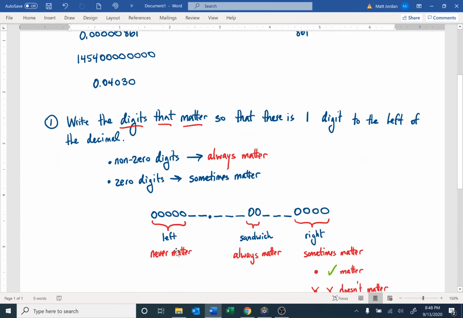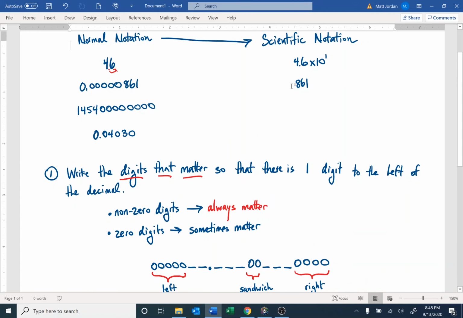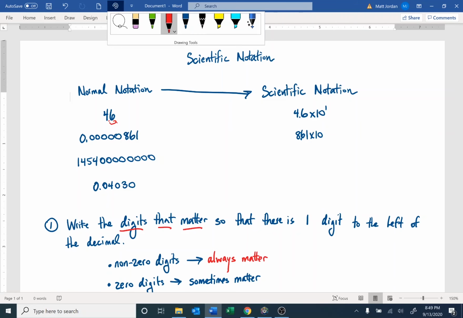So these will never matter, and I do not need to write them down in front of the 8, 6, and 1. But I do need to place a decimal between the 8 and the 6. That means the 8 is the single digit on the left of the decimal. And then we're going to write times 10.